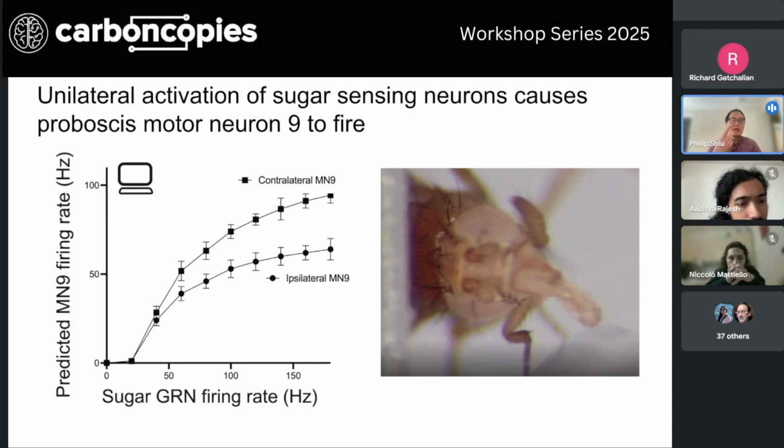So we were really excited that simply activating sugar sensing neurons was sufficient to activate motor neurons controlling the proboscis, and we saw that not only did motor neuron 9 fire, but also a bunch of other proboscis motor neurons, and it immediately explained the reaching behavior. So essentially, just the connectome itself is sufficient to explain how you might get this fairly simple reaching behavior.